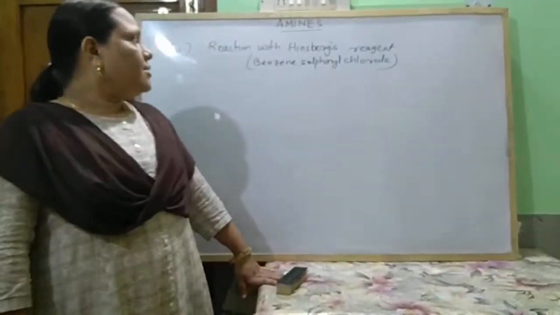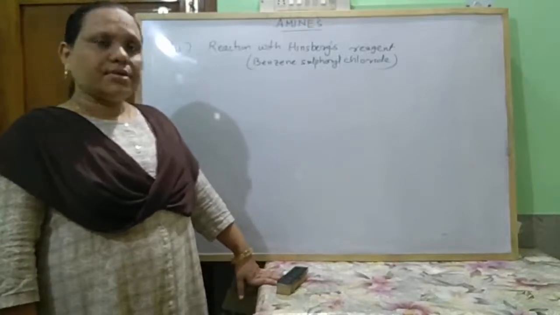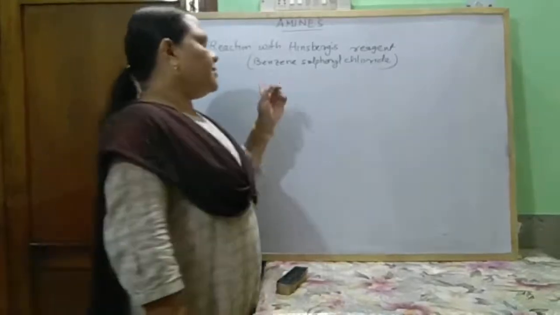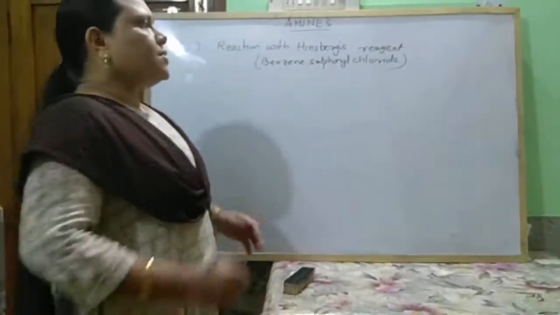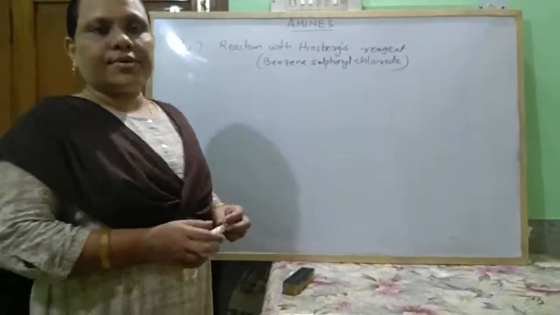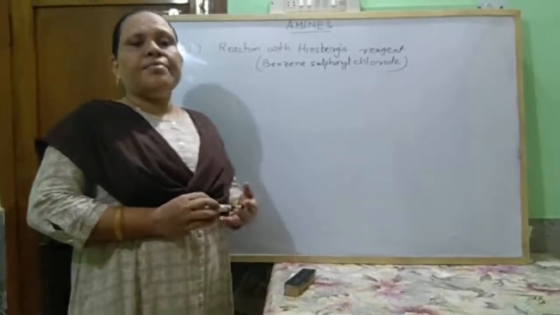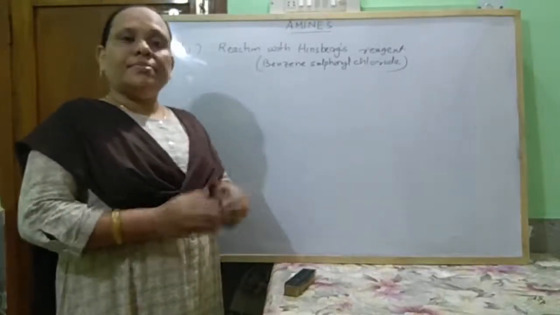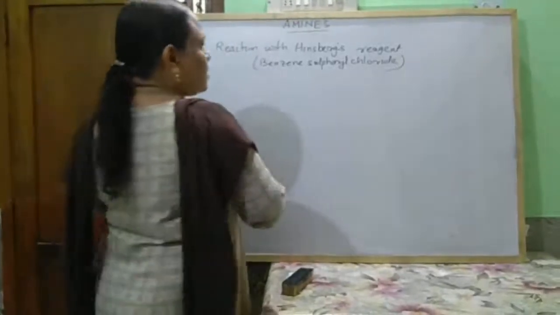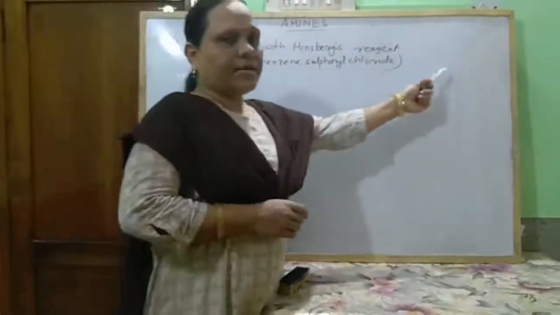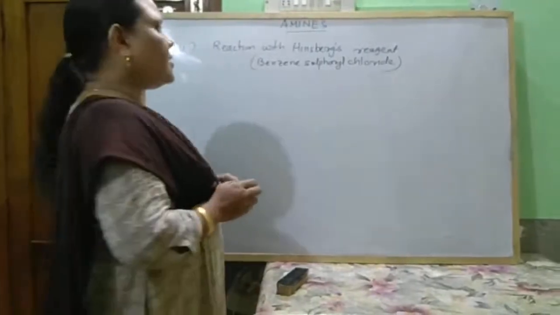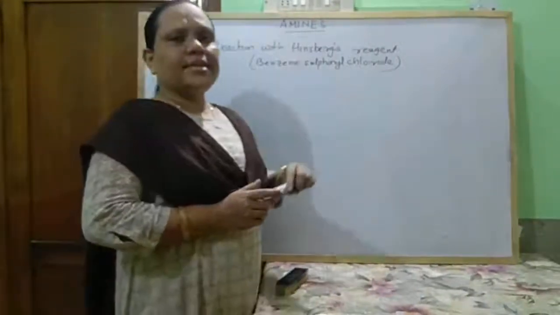Next, come to another reaction, that is the reaction with Hinsberg's reagent. Hinsberg reagent is benzene sulfonyl chloride. In this test, the amines are treated with benzene sulfonyl chloride in presence of aqueous potassium hydroxide. The primary, secondary, tertiary amines react in different ways with this Hinsberg reagent.